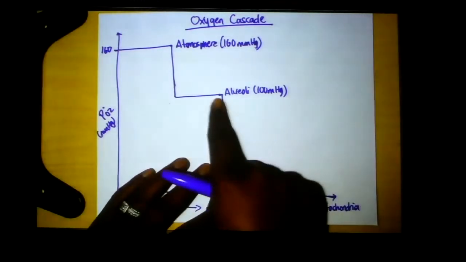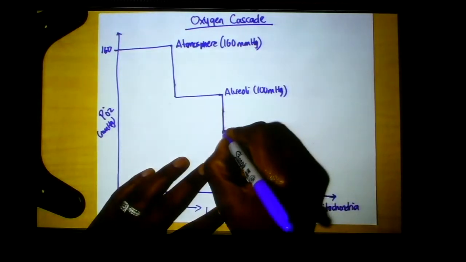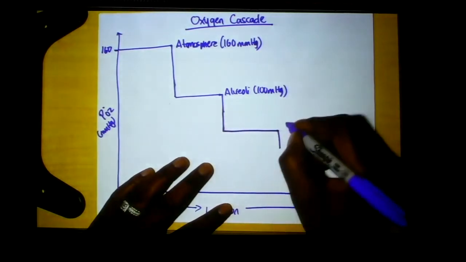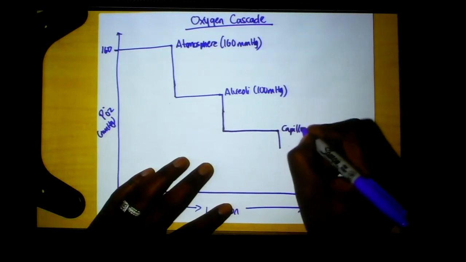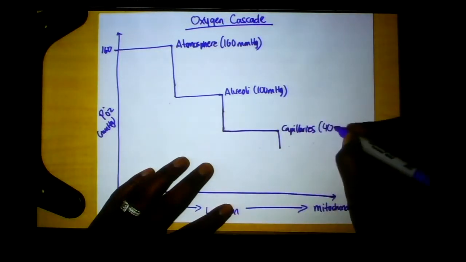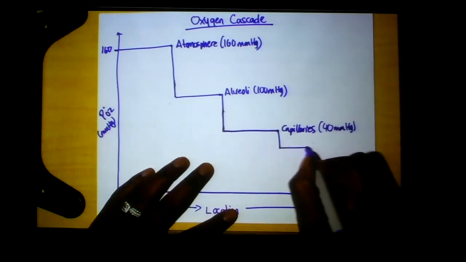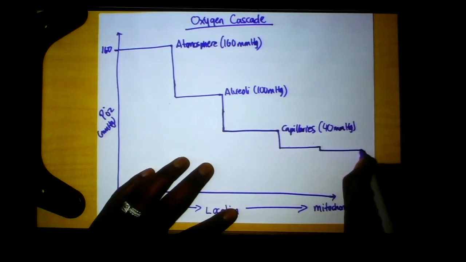All right, so from the alveoli, again, we drop off partial pressure, eventually down to the level of the capillaries. And by this time, we're at about 40 millimeters of mercury. And then eventually we go down into the cells and down into the mitochondria.